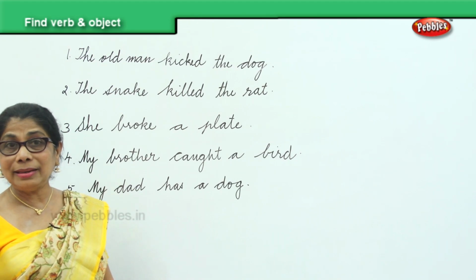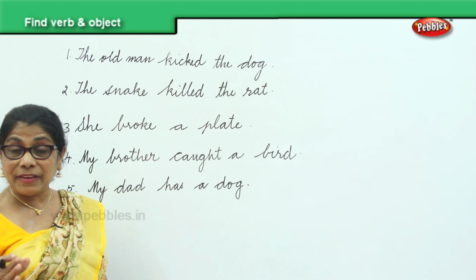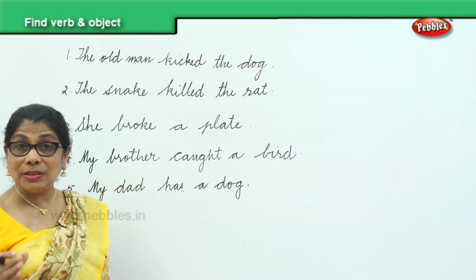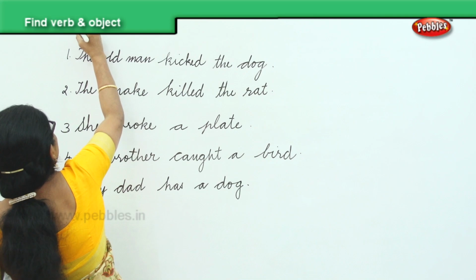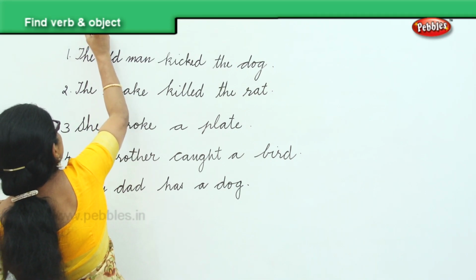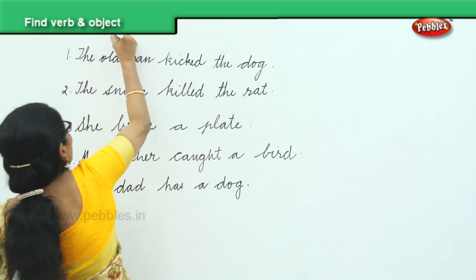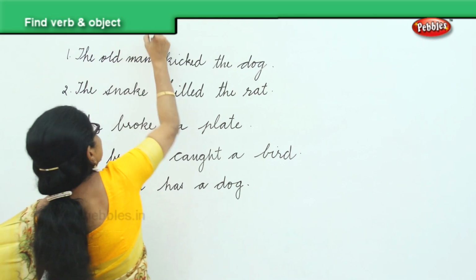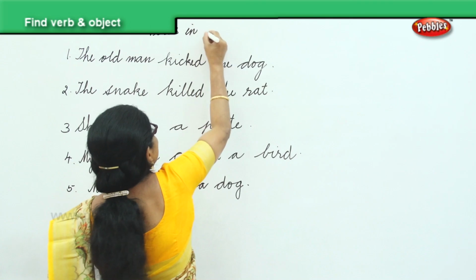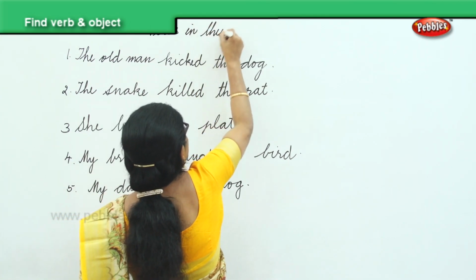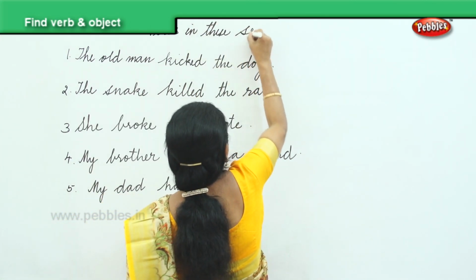So, we are going to identify and circle the verbs in these sentences.